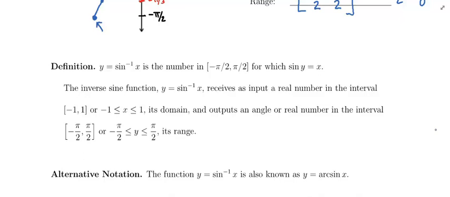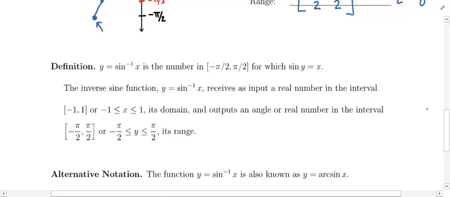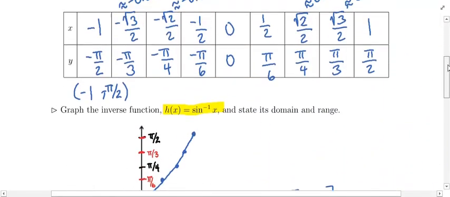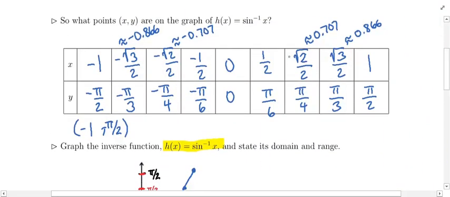The inverse sine function, y equals the sine inverse of x, receives as input a real number in the interval from negative 1 to 1, or x is between negative 1 and positive 1 inclusive, which is its domain, and outputs an angle or real number in the interval from negative pi over 2 to pi over 2 inclusive.